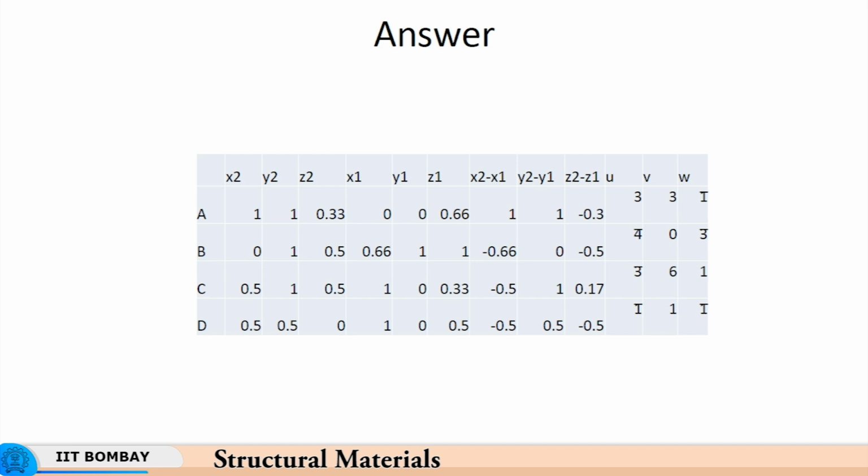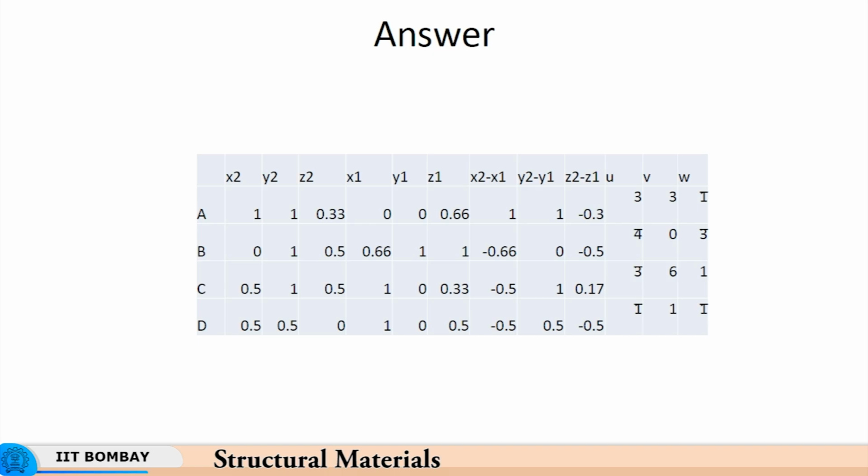So, x2 minus x1 gives you 1, 1 and minus 0.3, and so what you do is that you convert this into an integer, and so this becomes 3, 3 and bar 1. Actually this is 0.33.